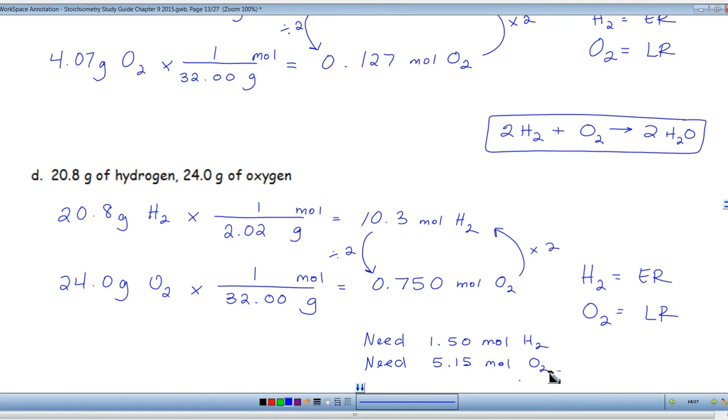These are easy numbers, easy ratios. I could do that in my head. Then I could look and say, well, do I have that? These amounts here, what I just calculated, are what I have. I took the original masses that were given and just switched them into moles. If you're using the original given data, that's what you have. And then we can compare that to what we need.